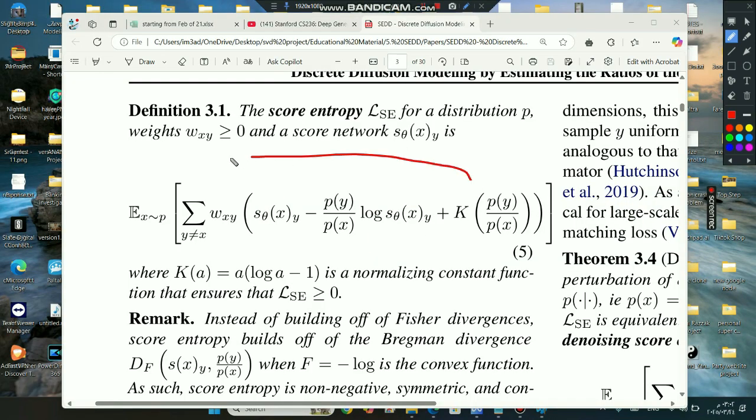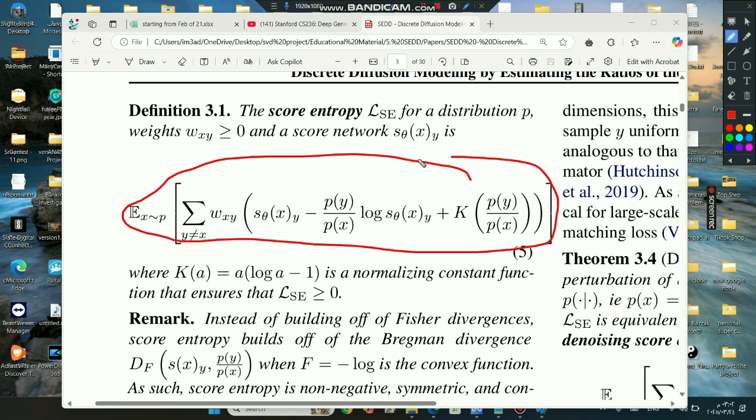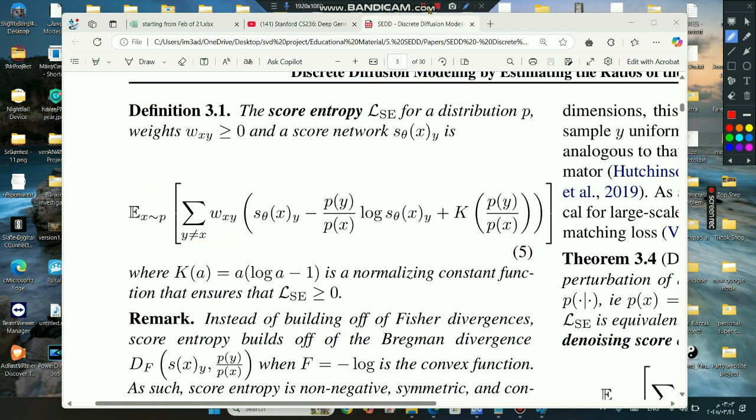Now, this is the loss function, which will be used to train the model that will predict the ratios. This is the loss function that is suggested by the paper. The formula might look scary, but it's actually very simple. Those are the ratios that we were always talking about.